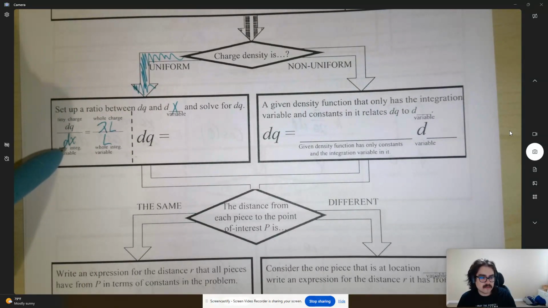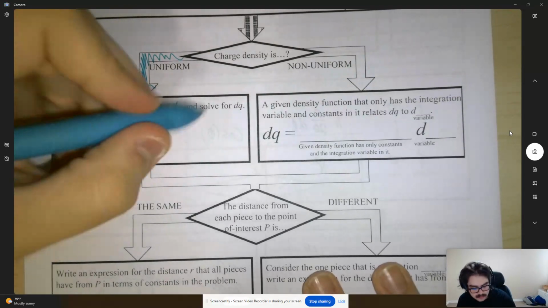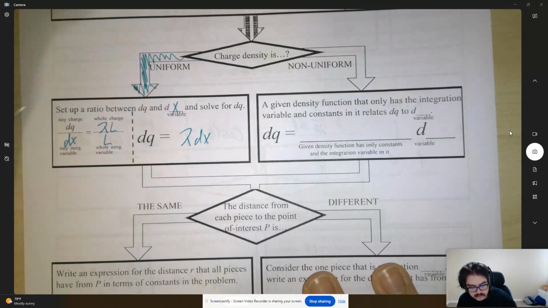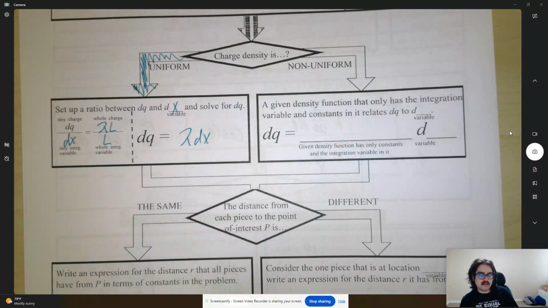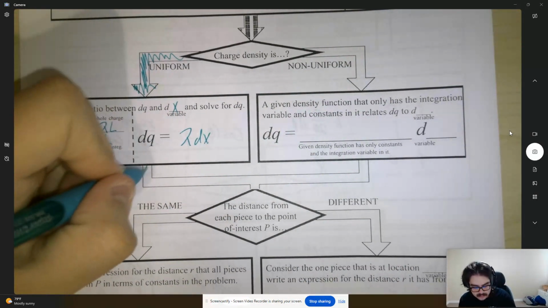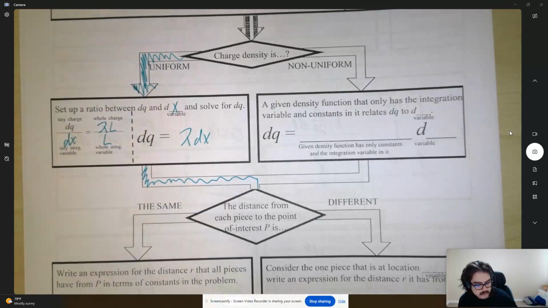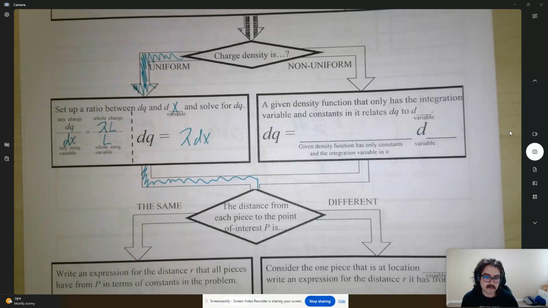So you end up with dq over dx equals lambda. And then when you solve for dq, you just get lambda dx. That's all you have to do for that. I hope you understand that is what I'm trying to say.